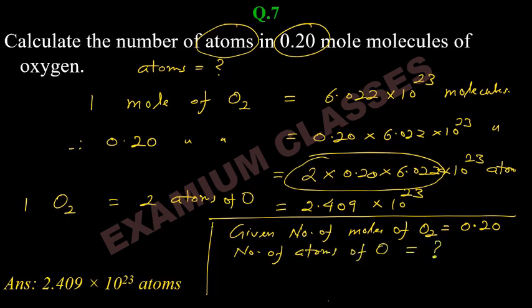Remember, I have not written O2 here because atoms will not be in the form of molecule. So either you write just O or you write number of atoms of oxygen is required. So this is from where you will start. Now you know that you need atoms, you don't need molecule. So that will ensure that you don't make the mistakes.